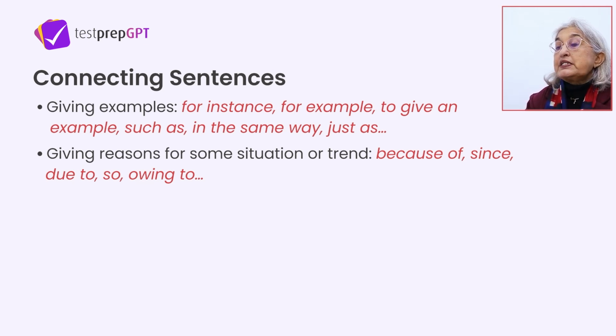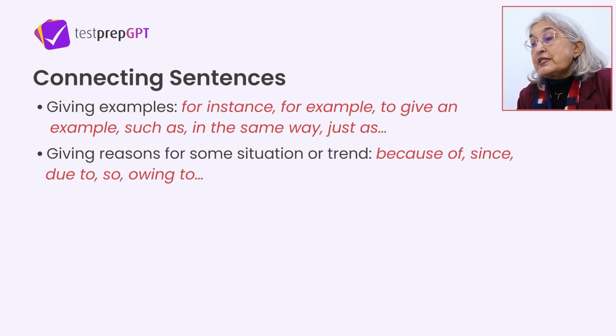For example, we might say that certain kinds of music have become popular because of or owing to the developments in digital communication, so that a lot of music is available digitally, and that makes certain kinds of music popular. So you can give some reasons by using phrases like because of, due to, owing to. That will clearly show that you are sure about the reasons why some situation is there.